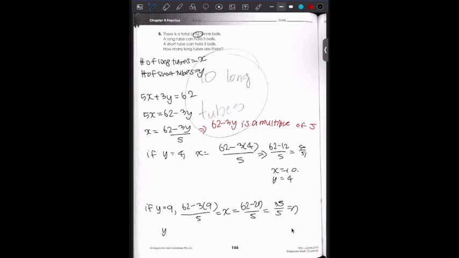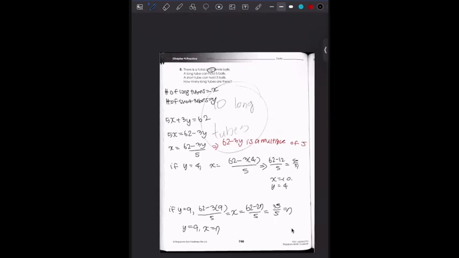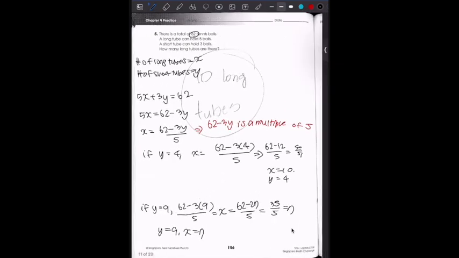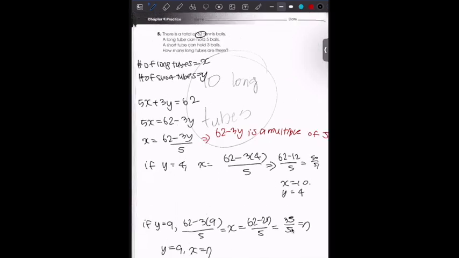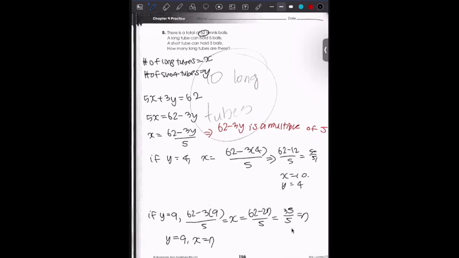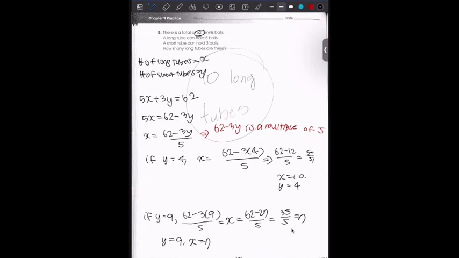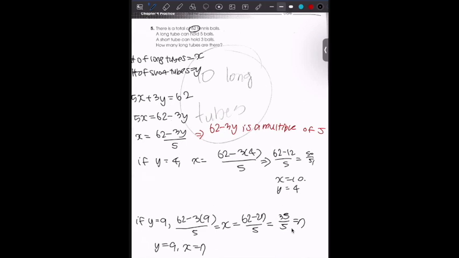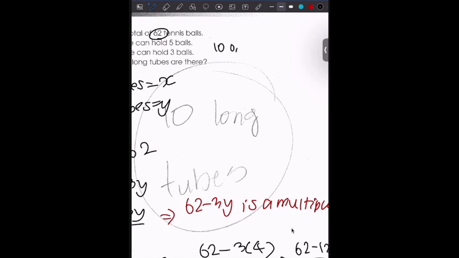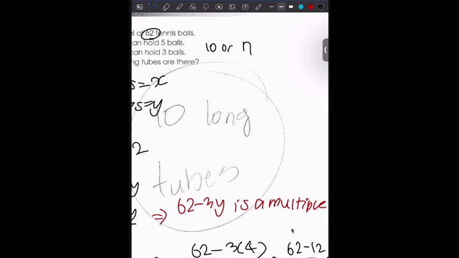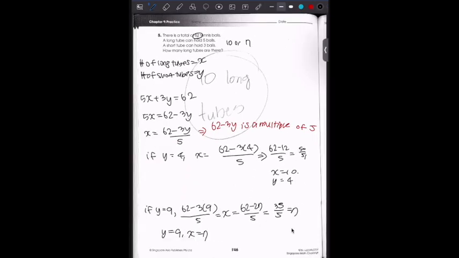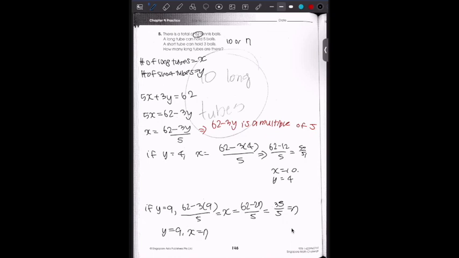So if y is 9, then x is going to be 7. So we have two answers here. And so it asks how many long tubes are there, and the number of long tubes is x. So we can have either 10 or 7 based on how many short tubes we have.